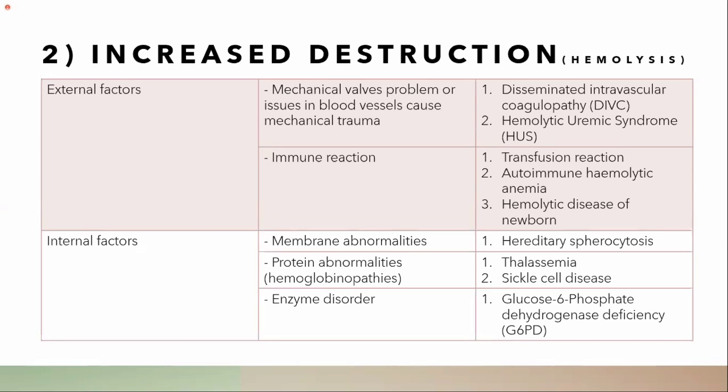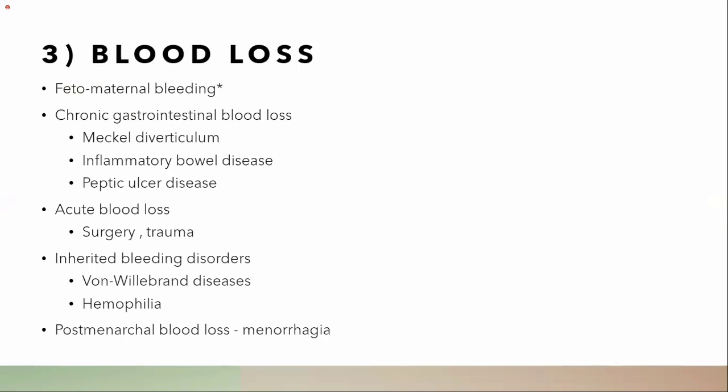There is increased destruction because the shape itself is prone to oxidative stress, and they cannot pass through the microcirculation, so it causes increased destruction. And the last one is enzyme disorders, such as G6PD deficiency. Increased destruction can also occur as a hemolysis process.